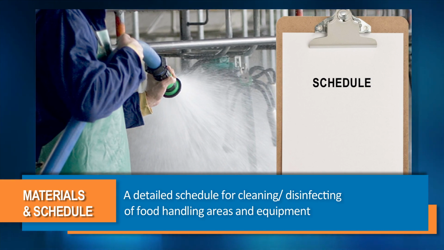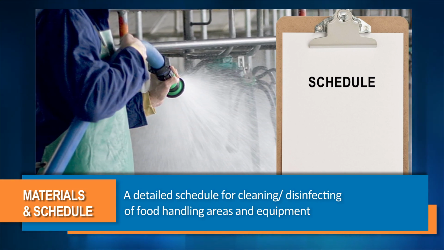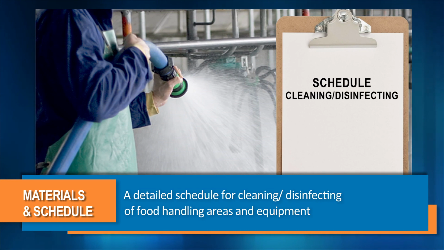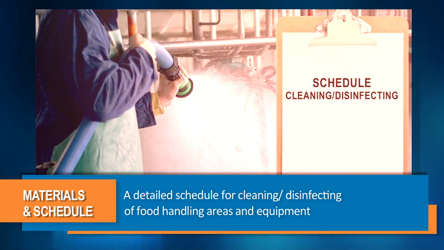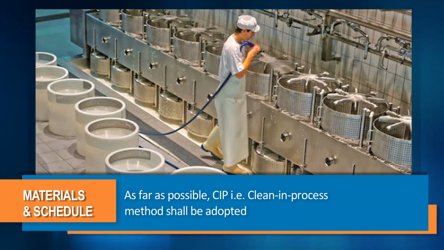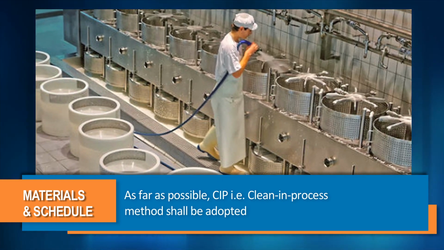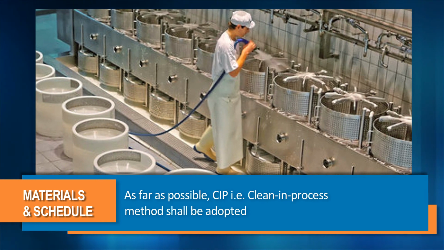The food business shall have a detailed schedule for cleaning and disinfecting of the food handling areas and equipment. As far as possible, CIP, that is, clean in process method, shall be adopted.